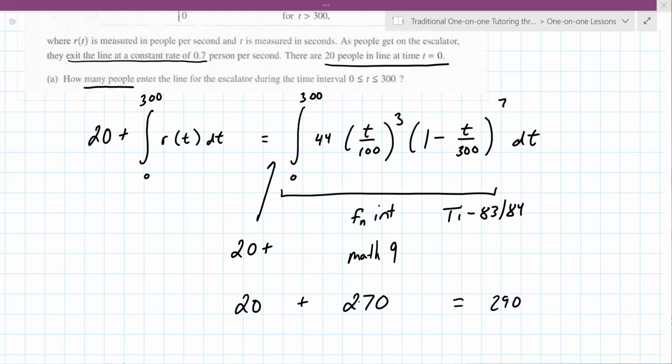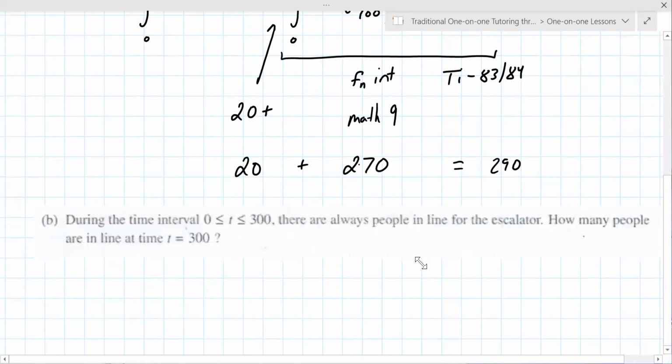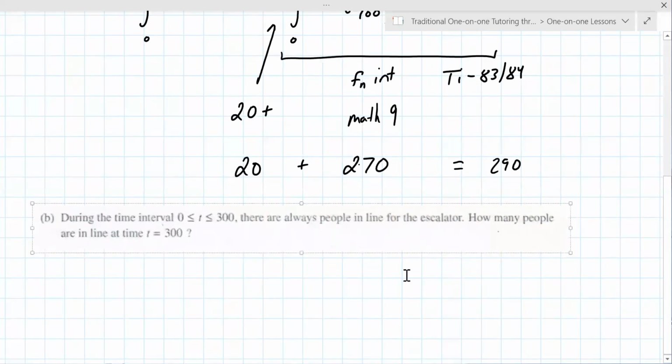Okay. All right, so part B. It says there are always people in line for the escalator. How many people are in line at time t equals 300? So there are people that want to enter and people that want to leave.